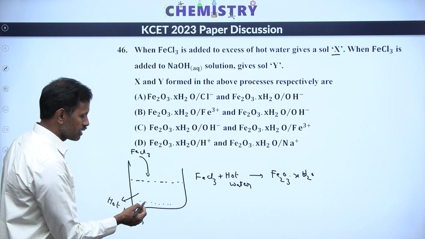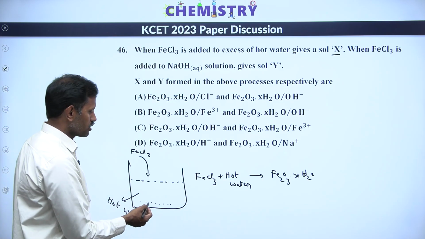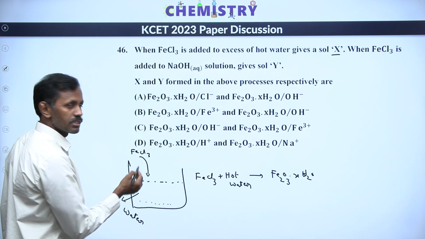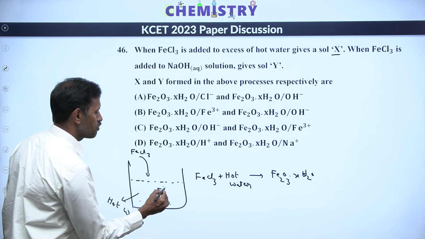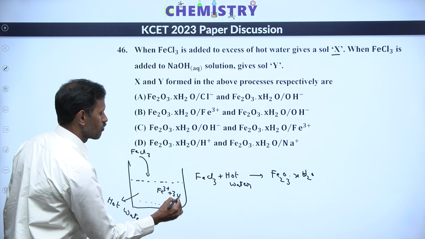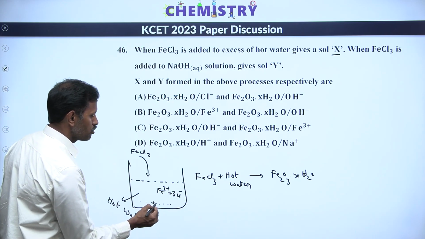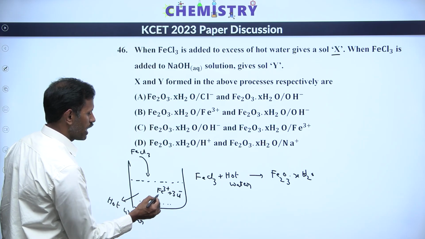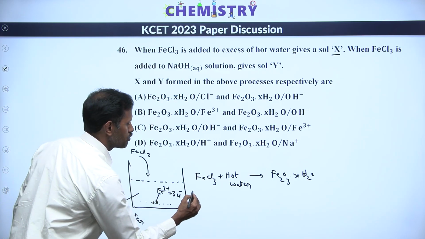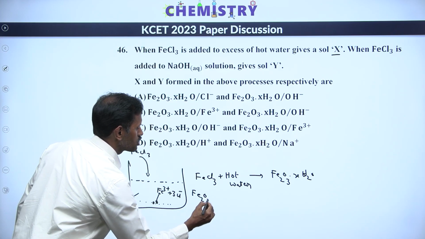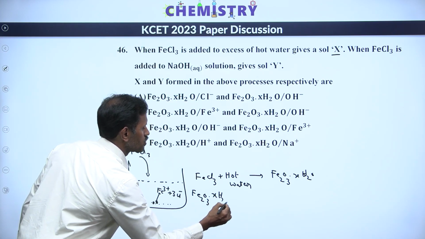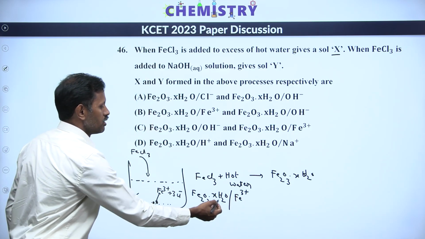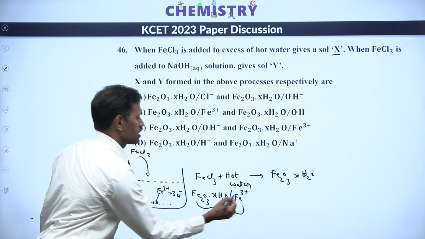Now, this Fe2O3 is a kind of precipitate that adsorbs Fe3+ ions. When you are adding FeCl3, Fe3+ ions are also there in the solution. This Fe2O3·XH2O will adsorb Fe3+ ions, then it will become Fe2O3·XH2O/Fe3+, and a colloid will be obtained in the solution.